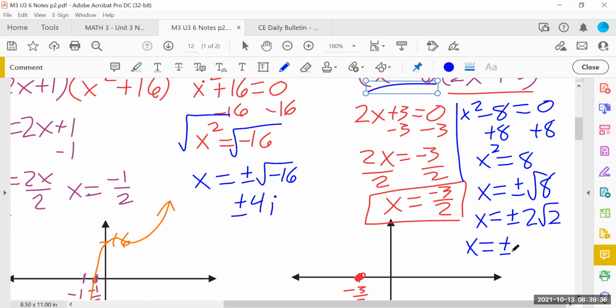What's the square root of 8? Something about 2.8. Is 2.8 on my graph?